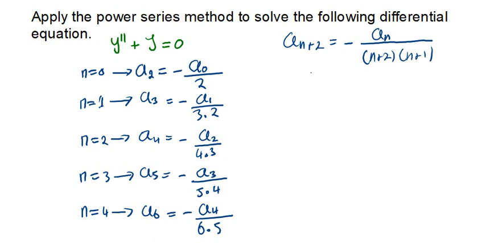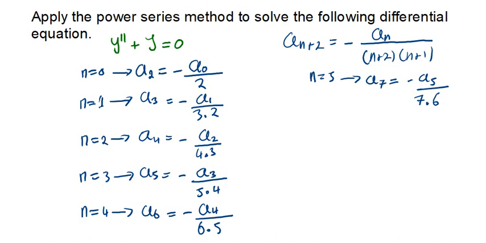Okay, so what about n is equals to 5? This is going to be a sub 7 equals to minus a sub 5 divided by 7, because you put a 5 here, that's going to be a 7, and that's going to be multiplied by 6.